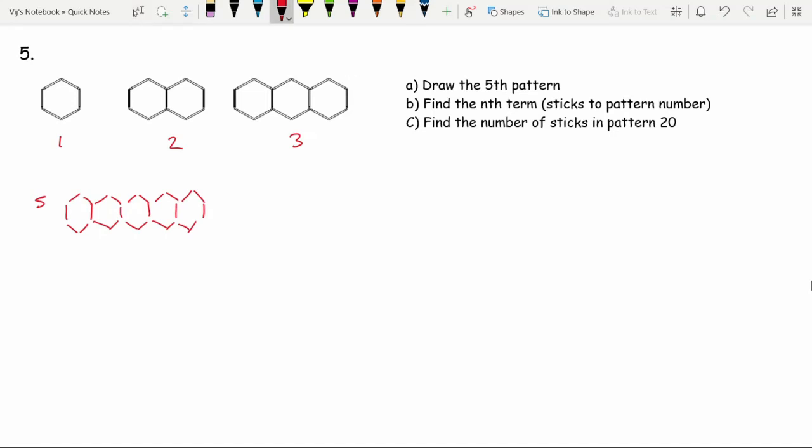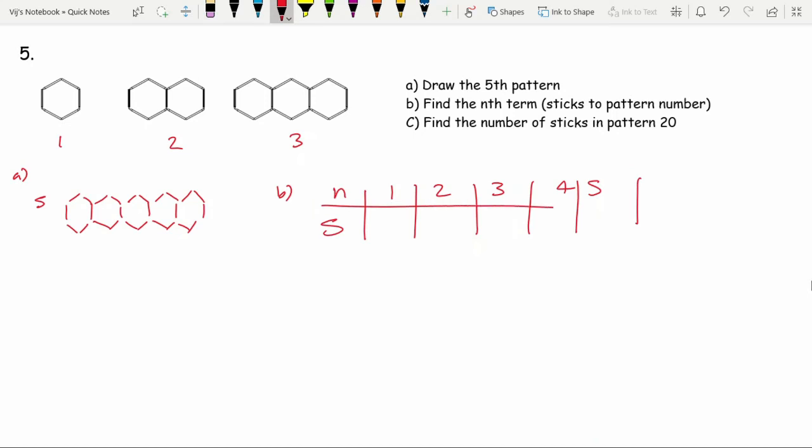And then we need to draw our table for part B. So that's part A done. Part B is we've got n is our pattern number, so 1, 2, 3, 4, 5. We've got the number of sticks, or numbers in our sequence. Counting the numbers for number 1, we've got 6.